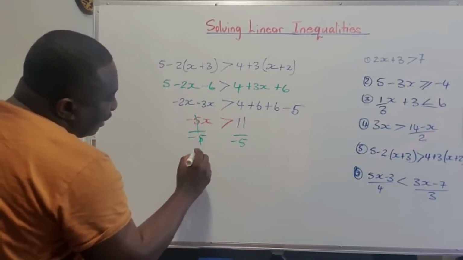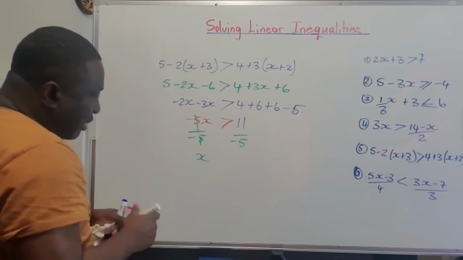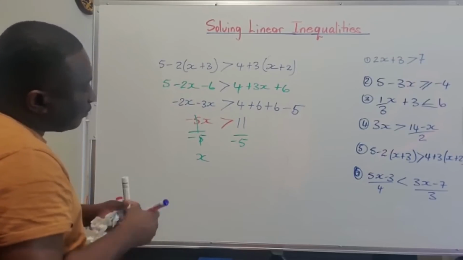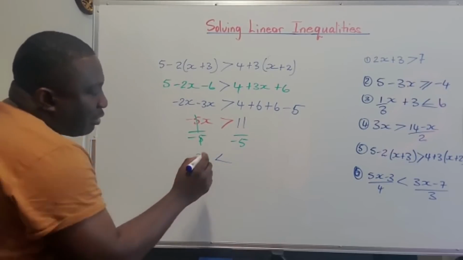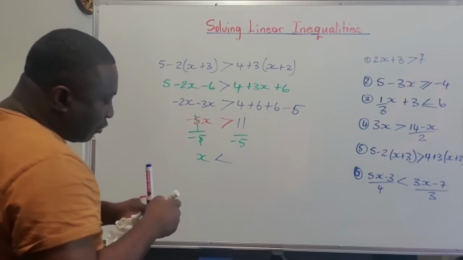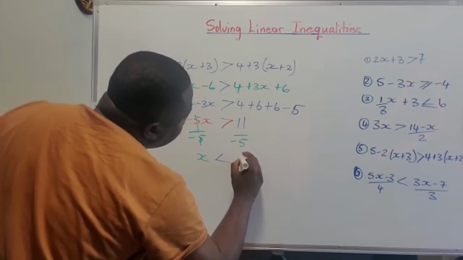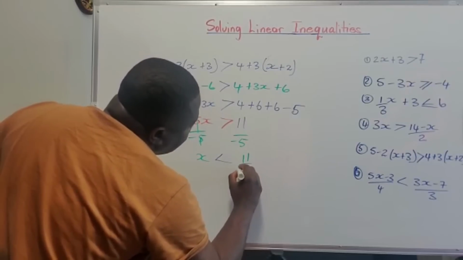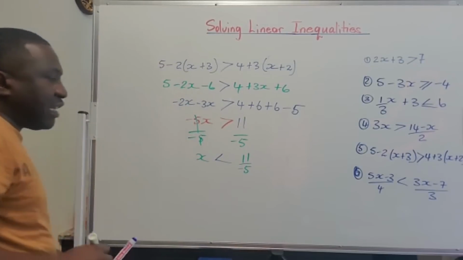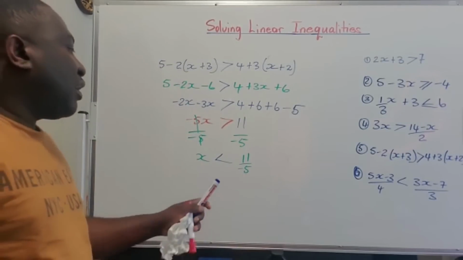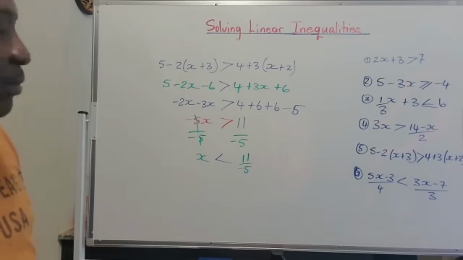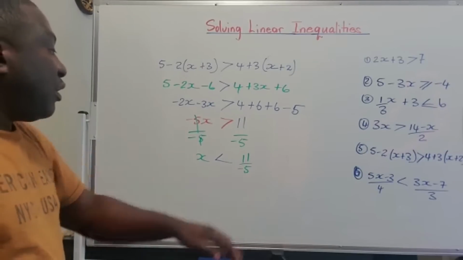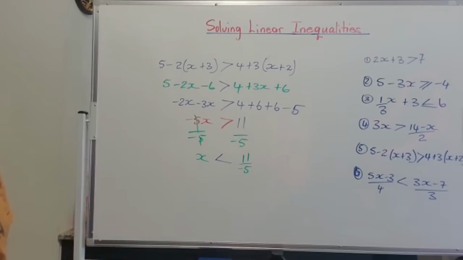We are left independently with x. Maintain my symbol. In this case, I'm dividing by a negative, so I turn the symbol around, guys. And so x is less than 11 over -5. So in this case, x is less than 11 over -5.